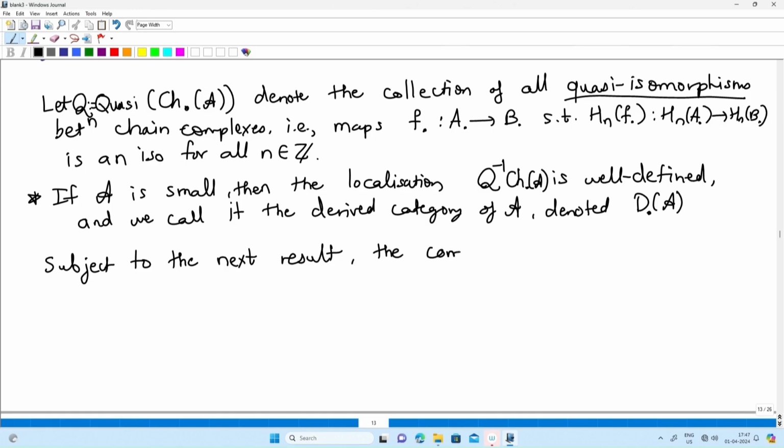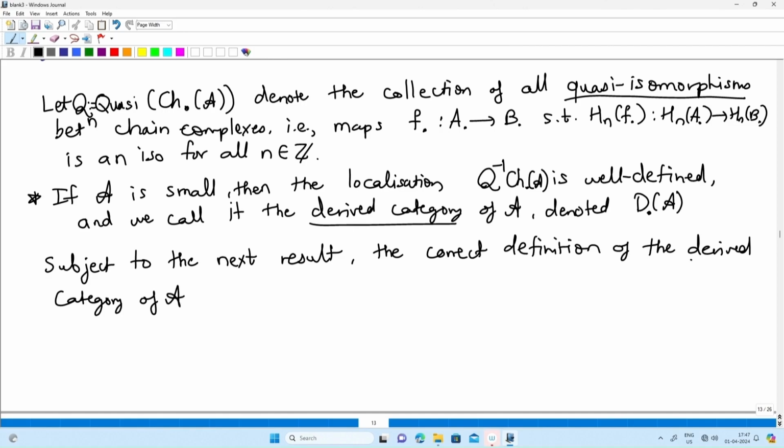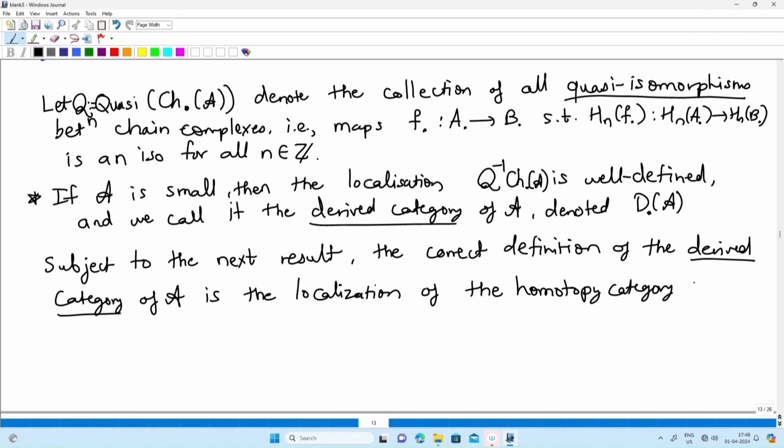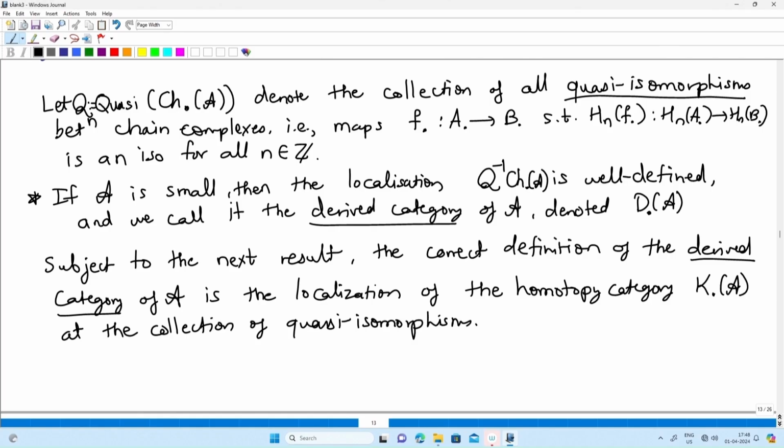The correct definition of the derived category of A is the localization of the homotopy category K dot A at the collection of quasi-isomorphisms. So it becomes a two-step process.